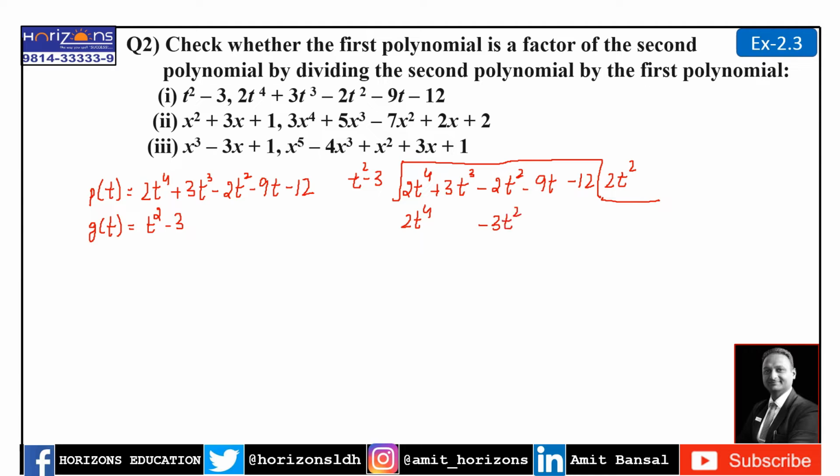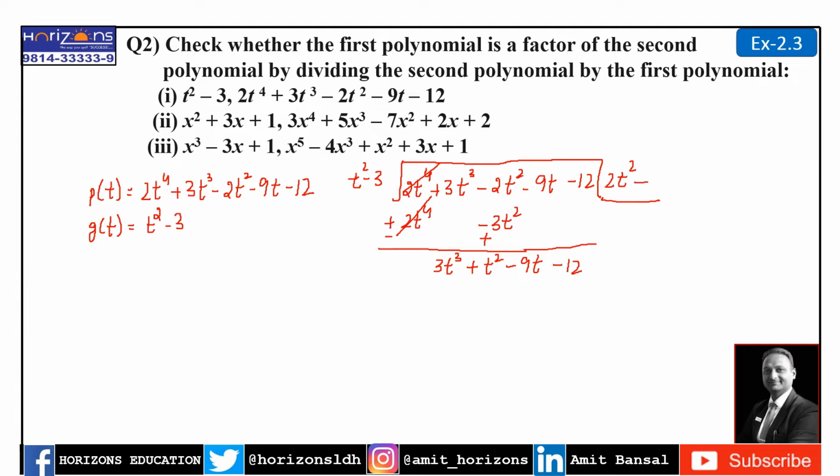So placing it below the term containing the square term, so 3t cube minus 2 plus 6 is plus 4t square, minus 9t minus 12.